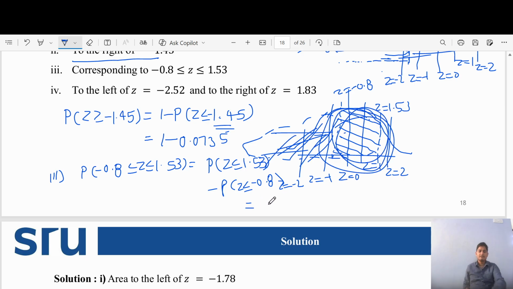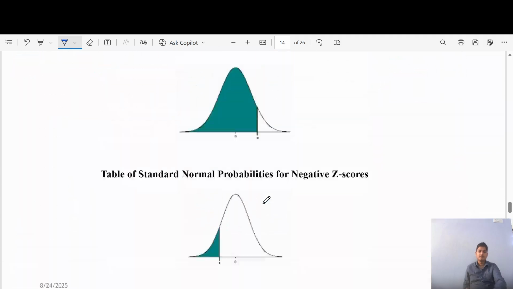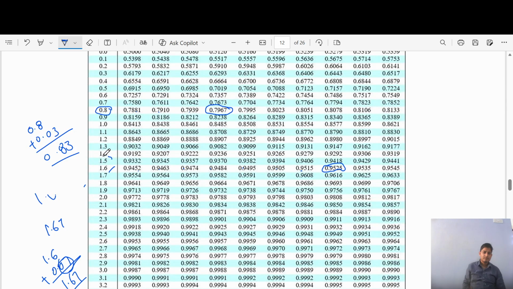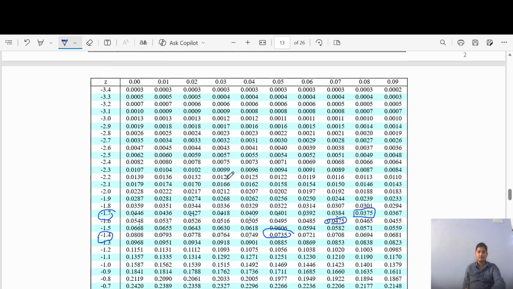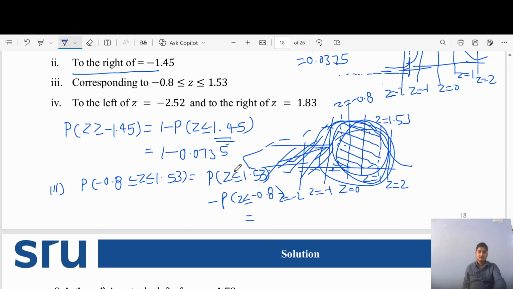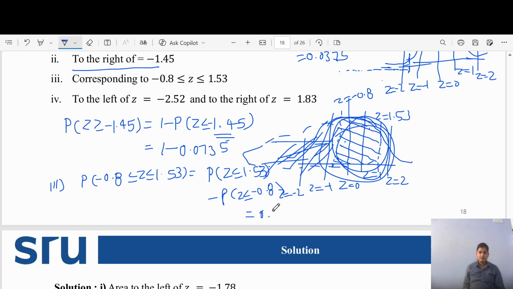So Z 1.53 means 1.5 and 3. So 1.5 is here: 0, 1, 2, 3. 0.9370.